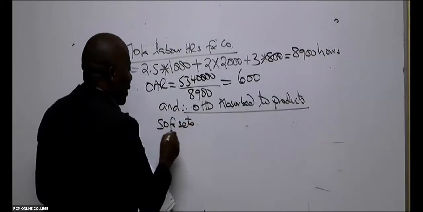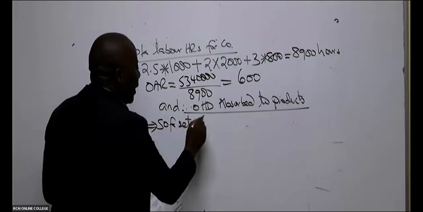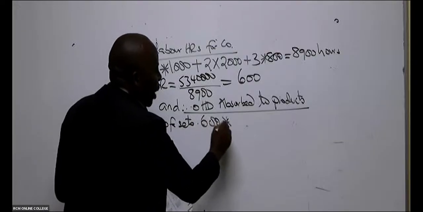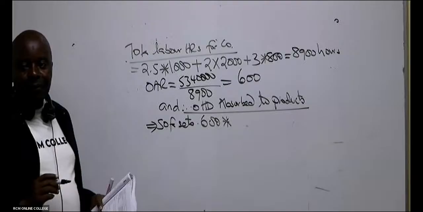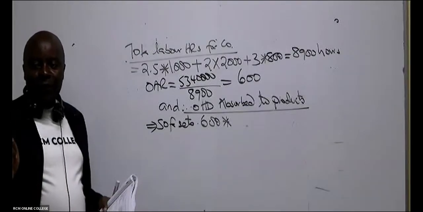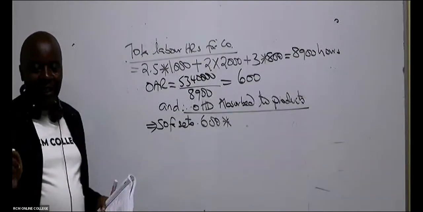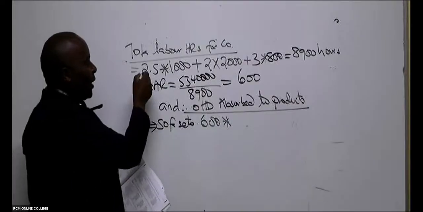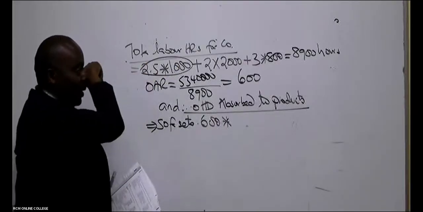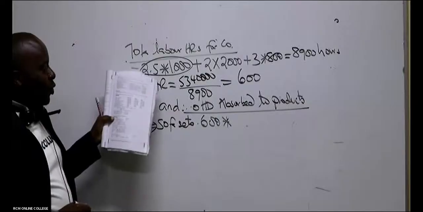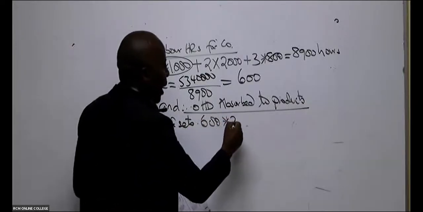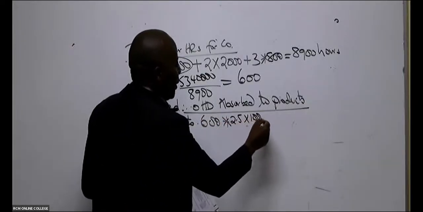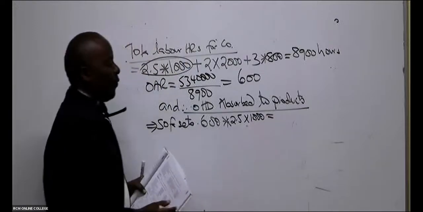So sofa sets, we know that we are absorbing 600 for each hour. But how many hours do we need for all sofa sets? Do you remember them? So times 2.5 times 1,000. Can you kindly give me this figure?